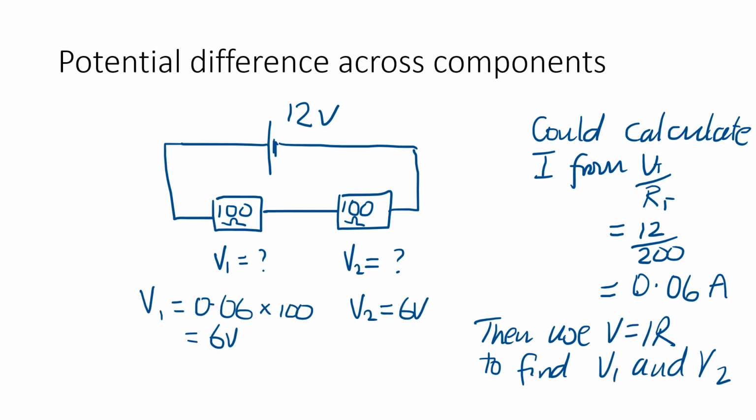And it will be 0.06 amps times 100 ohms for V1, that's 6 volts, and it will be the same for V2, 6 volts. So we've actually shown there that what we thought would be the case is actually true. So if we've got equal resistors in series, then our 12 volts will split equally and we'll have 6 volts across each component.